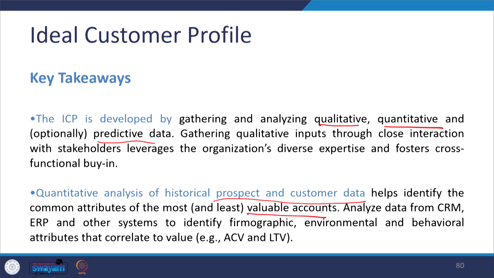It's important to identify the common attributes, similar to what we are going to talk about with the buyer persona. For companies matching the ICP template we have created, we can use data from CRM, ERP, and other systems and then channelize our efforts to convert or focus on those particular leads.